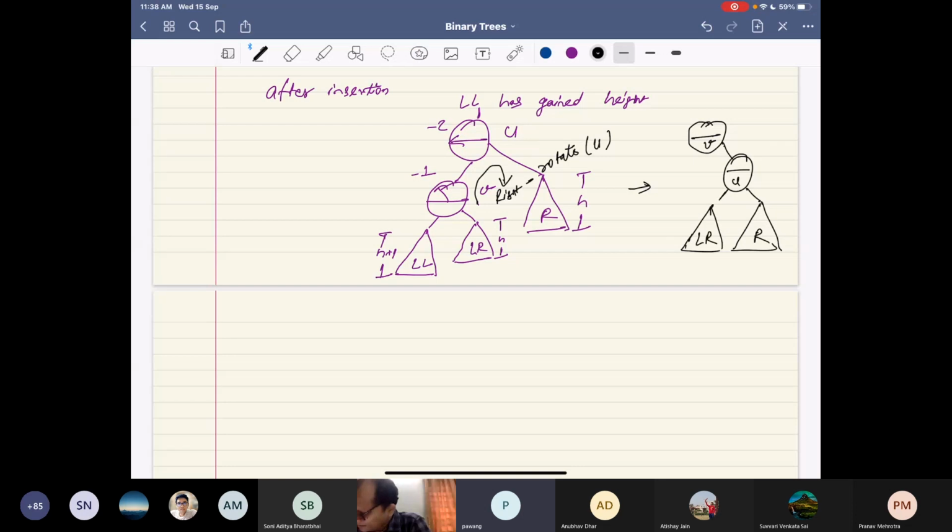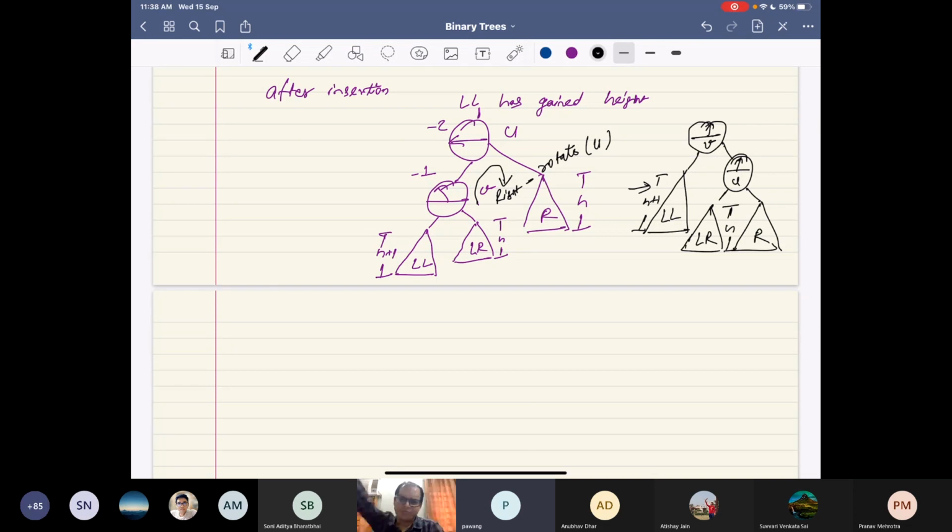And V's left child remains LL. Now let's do the balance factors. LL and R have the same height, both are H, so U is balanced. LL had a height of H+1, and this has a height of H+1 also. So V is perfectly balanced.